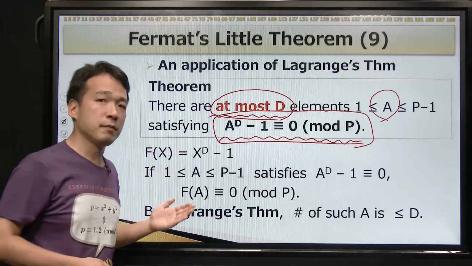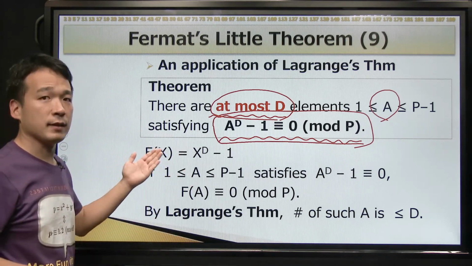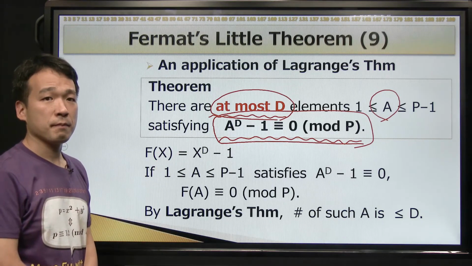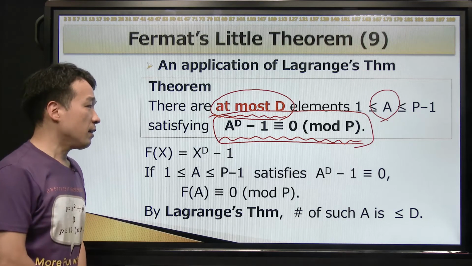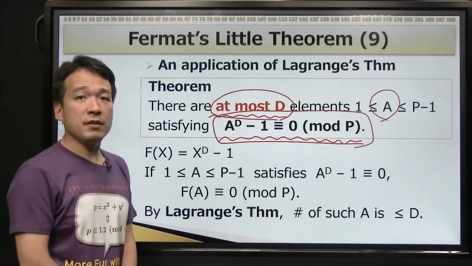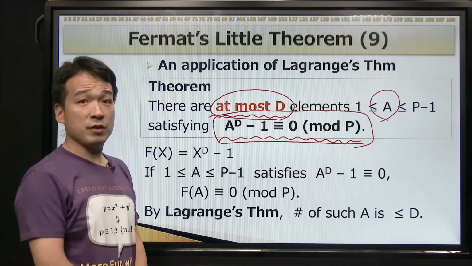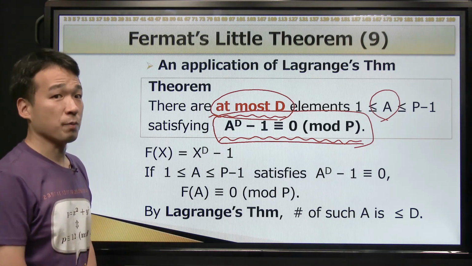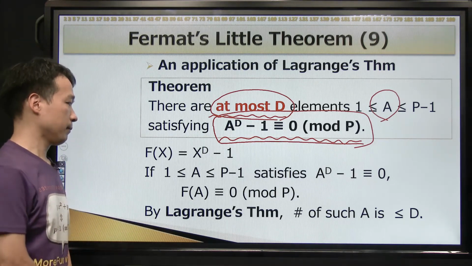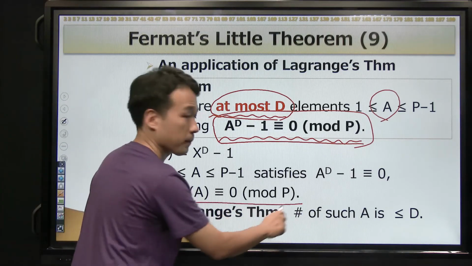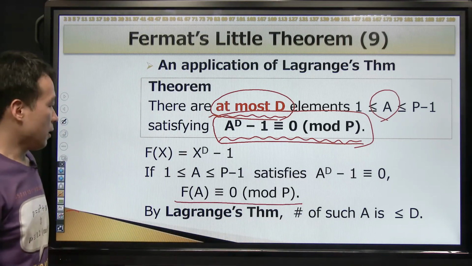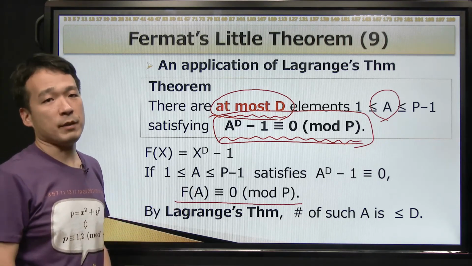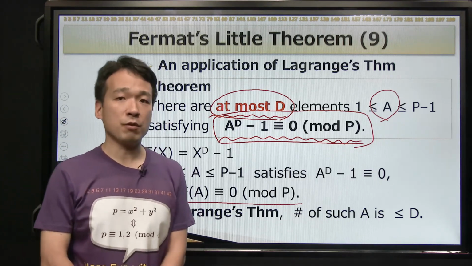For the proof, we put f(x) as x to the d minus 1. Then, if a to the d minus 1 is congruent to 0 modulo p, a is a root of f(x) modulo p, so by Lagrange's theorem, the number of such elements must be less than or equal to d.